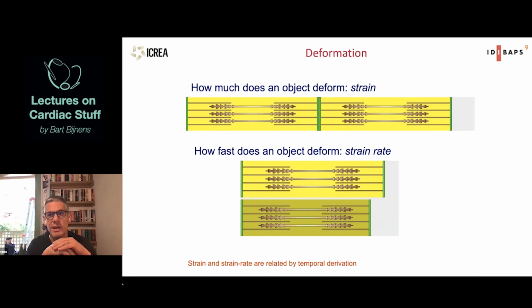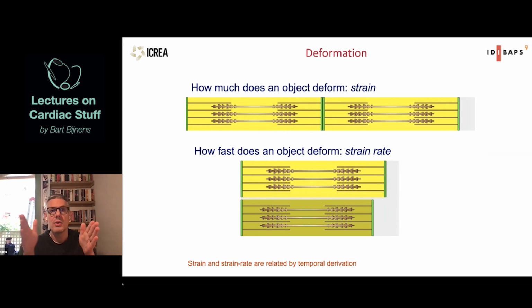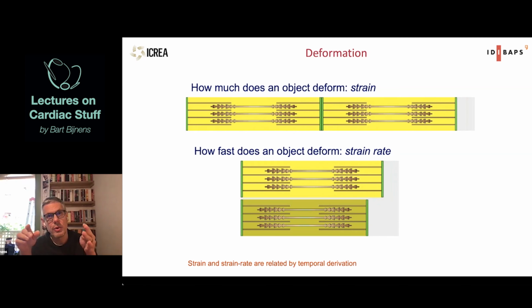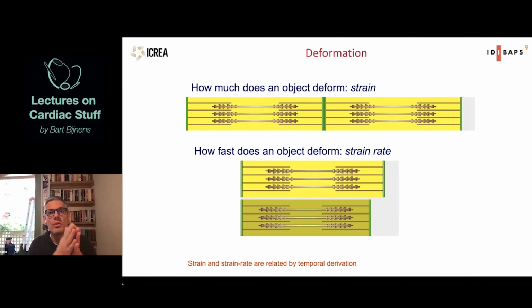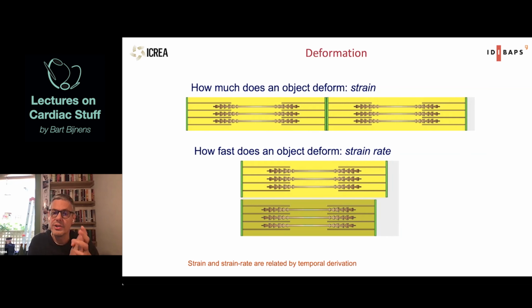That means there's a potential temporal course which can change within pathology. Now, one thing is to look at the full temporal course. The other thing is to look at the instantaneous velocity of the deformation, the instantaneous speed at which the tissue is deforming, and that is obviously the strain rate.